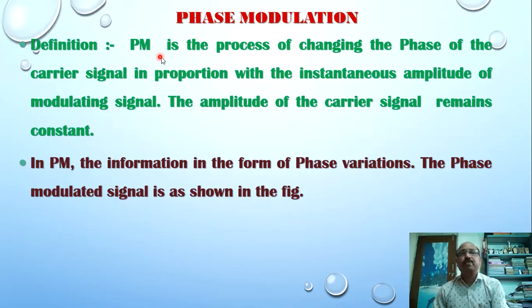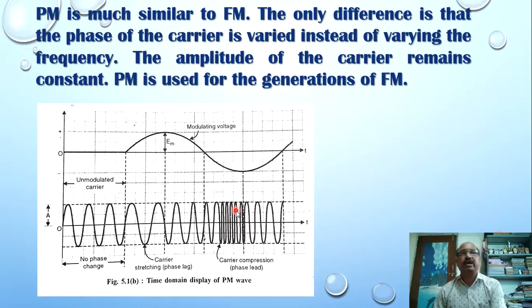So the amplitude of the carrier signal remains constant. याच्यामध्ये फक्त amplitude constant असतो, पण फ्रिक्वेन्सी आणि फेज हे बदलत जातं. So in PM the information is in the form of phase variation. So the phase modulated signal is shown in this figure. So PM is much similar to FM.